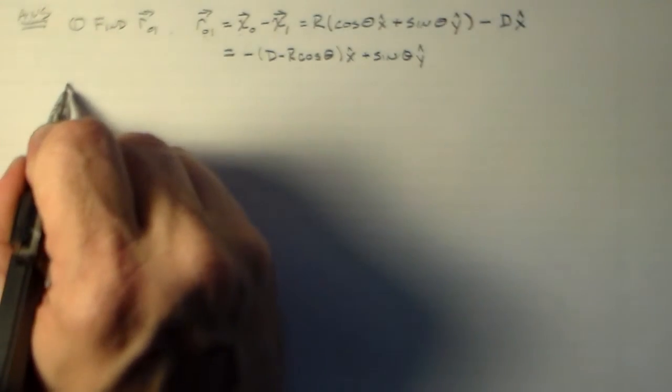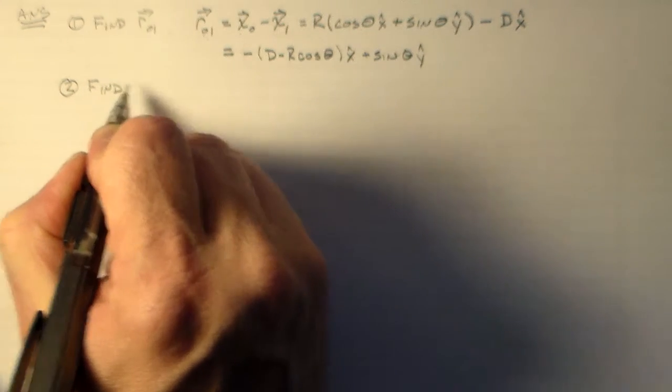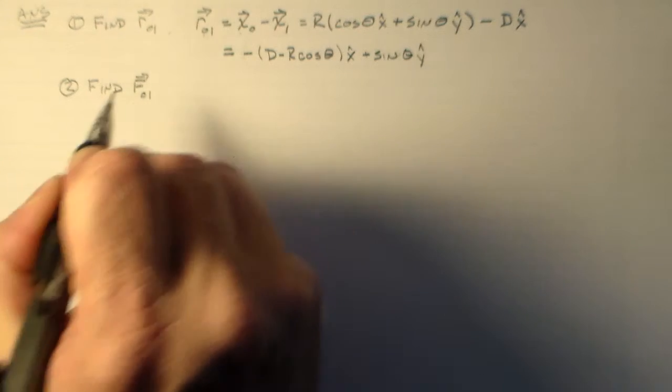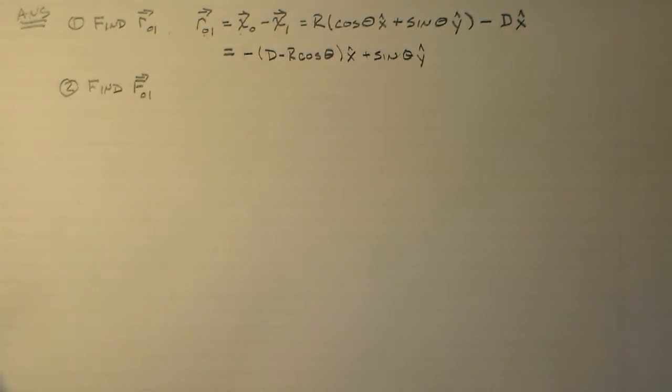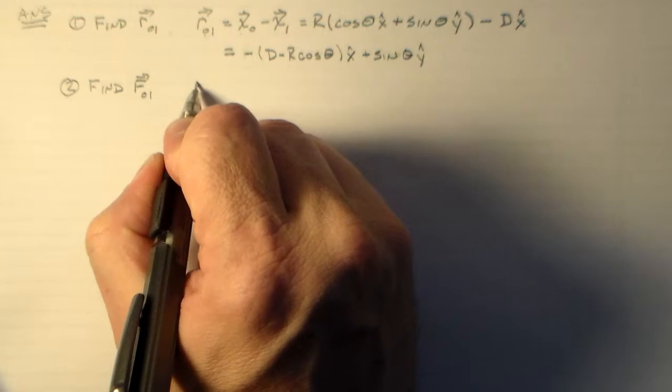All right, so the second thing we said in our strategy that we wanted to do was to find the force itself. Because to find the torque, we're going to have to find the force, and to find the equilibrium angle, we're going to have to find the torque. So to find that, we just use Coulomb's law.